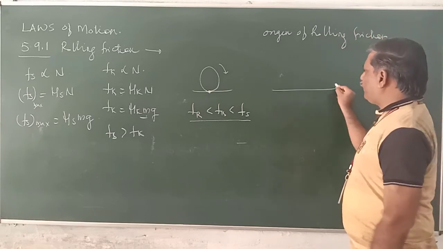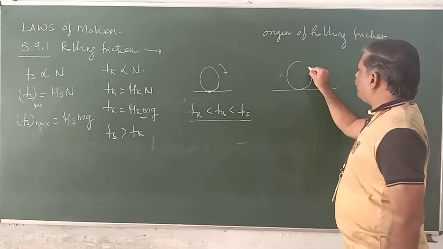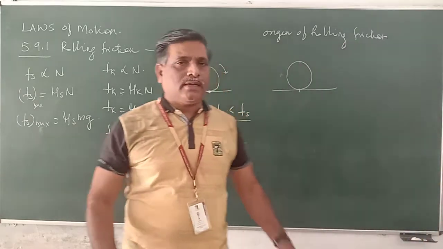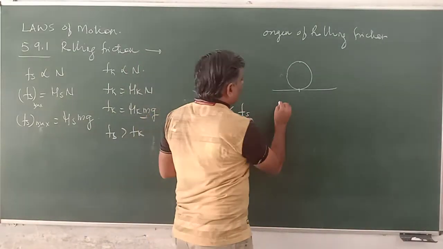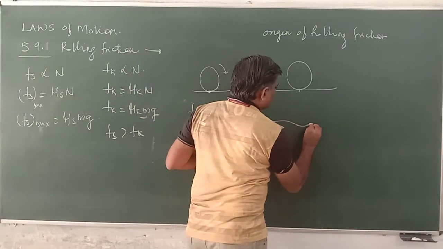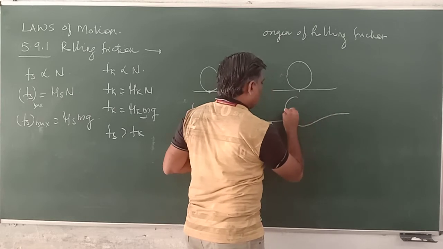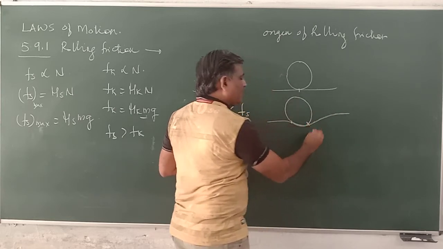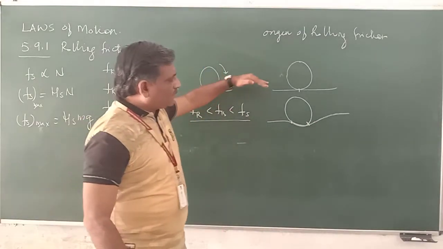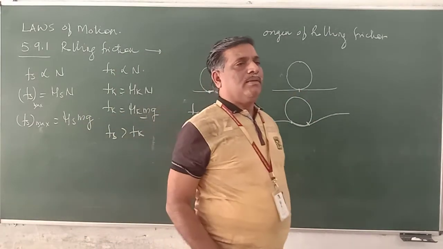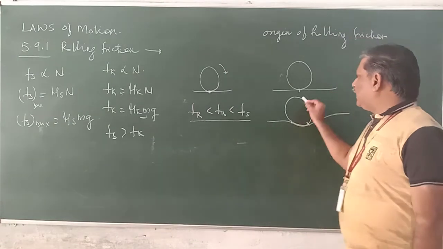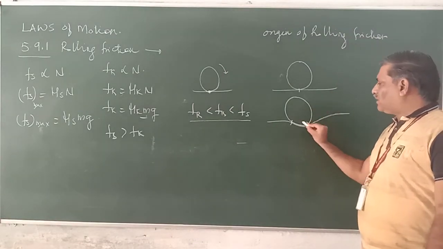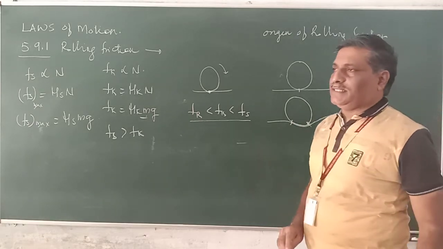See, this is the surface, this is the ring or sphere. Ideally we consider only one point in contact, but because of the weight, what happens? There is a slight deformation of the surface, the point of contact gets a slight curved shape, and the surface in contact increases.